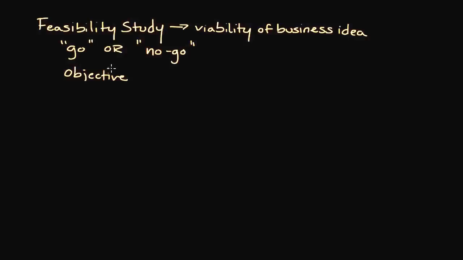And so a feasibility study is really divided into a couple of different areas that we include. Usually, first, you have the product and or the service, depending upon what type of business you're potentially starting. And so we're trying to determine the viability, once again, of that particular area.